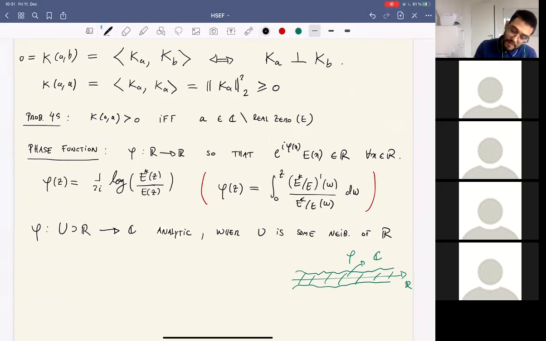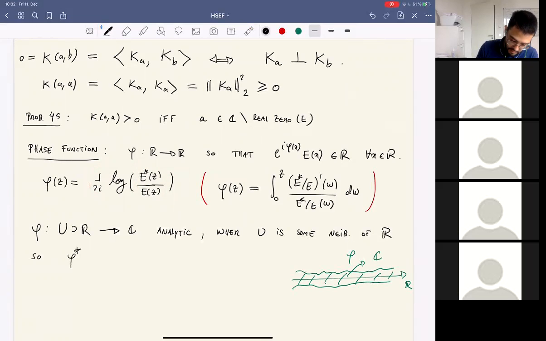And because this function has modulus 1 on the real line, when you take the log, you only have an imaginary part. So when you divide by 2i, this thing will be real on the real line.